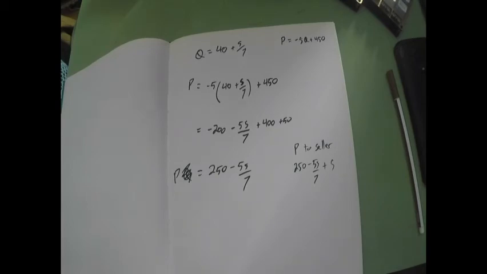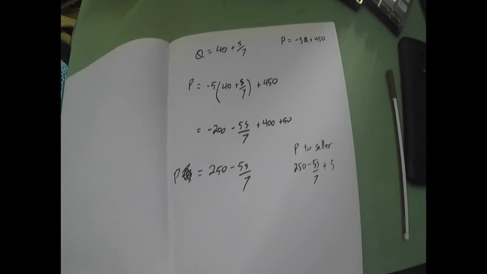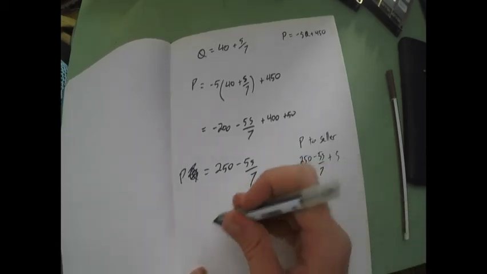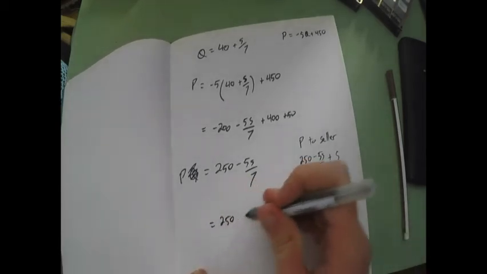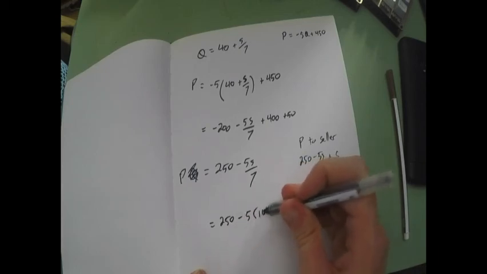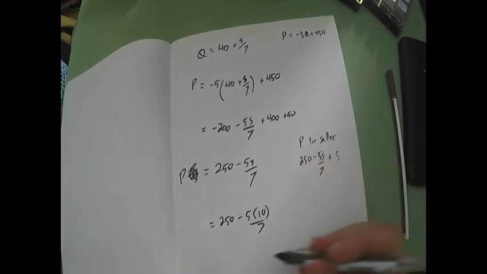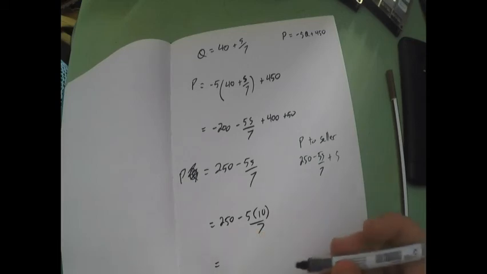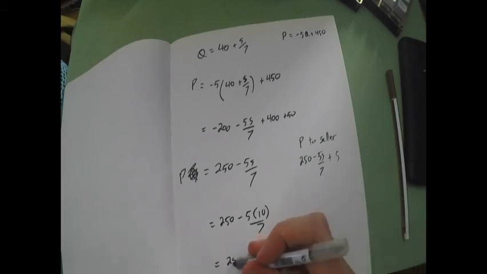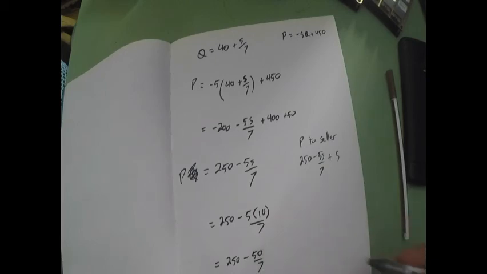All right, now I am looking at a student email asking if this student got things correct. So let's go ahead and plug in S equals 10. So what we'll get there is 250 minus 5 times 10 over 7, which gives us 250 minus 50 over 7.